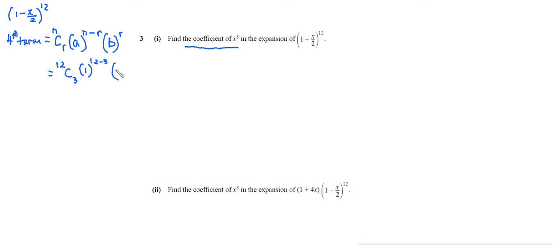B is actually minus. Remember the negative sign. If it's a positive sign, you don't need to show it. But if you have a negative sign, you must put it here. So to simplify, 12 times 11 times 10 over 3 times 2.